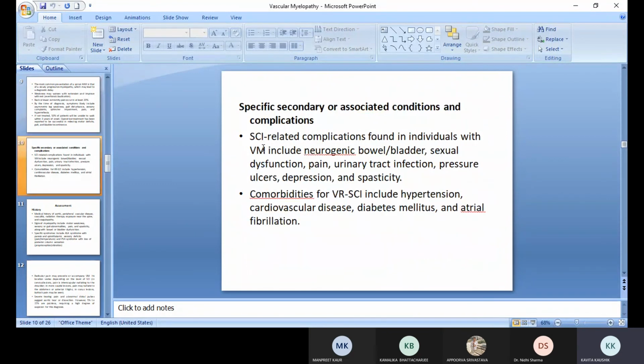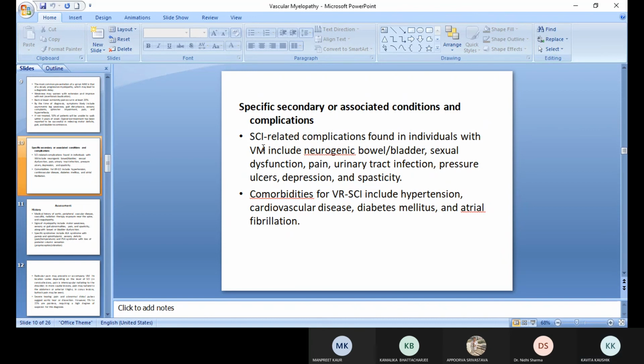Then there are complications also in vascular myelopathy, which include neurogenic bowel and bladder, sexual dysfunction, pain, urinary tract infection, pressure sore, depression, and spasticity. And it also includes comorbidities which lead to death, which include hypertension, cardiovascular disease, diabetes mellitus, and arterial fibrillation.